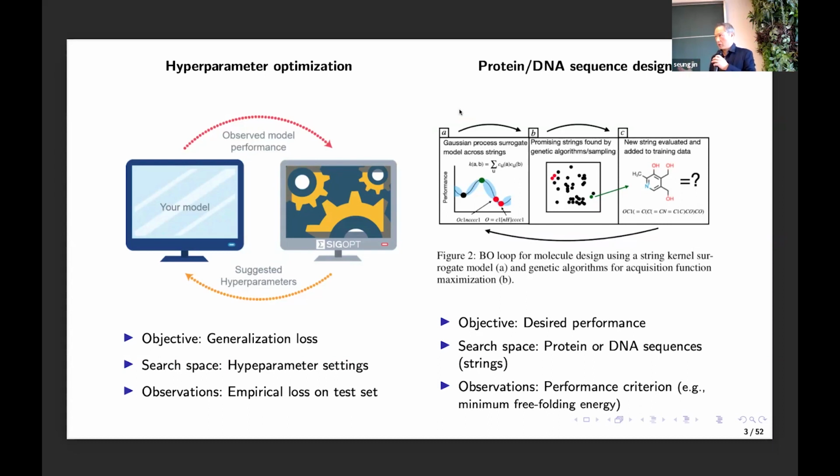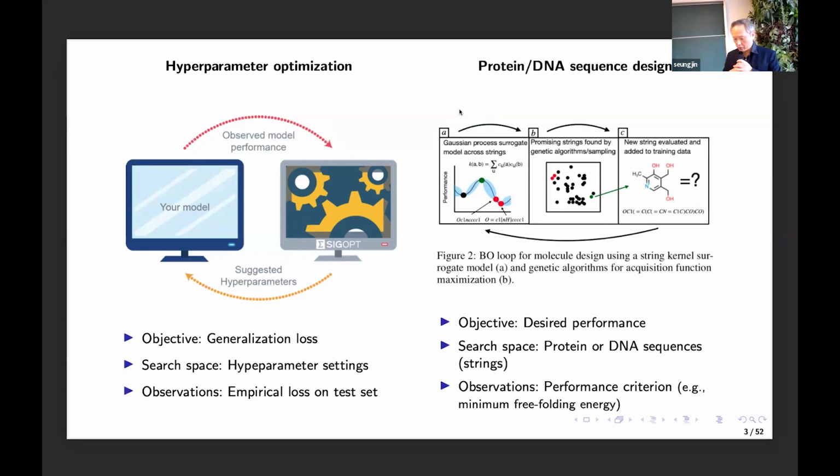The protein sequence is a bunch of amino acids, and each amino acid consists of 20 different characters. We have to choose a good configuration of amino acids to satisfy certain goals, such as low toxicity or minimum folding energy.